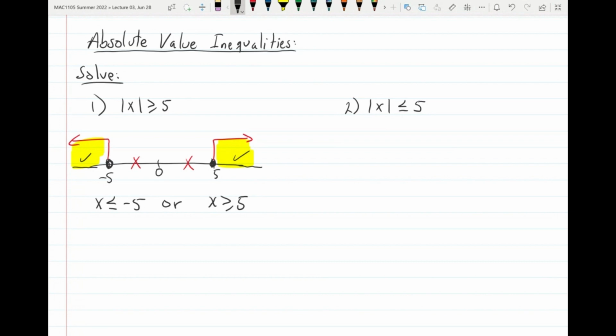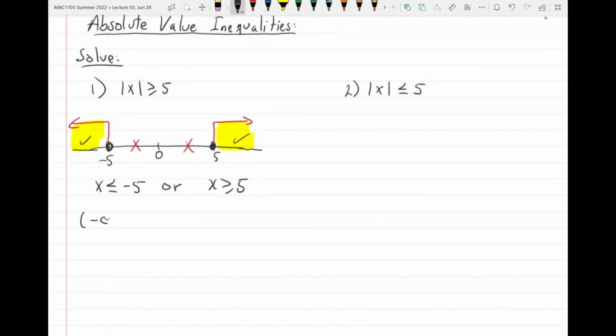And then if we write it in interval notation, the picture helps you. The first part would be from -infinity to -5 with a square bracket, union, and then the second part starts at 5 and goes all the way to the right. So that would be 5 to positive infinity. Do you understand this?